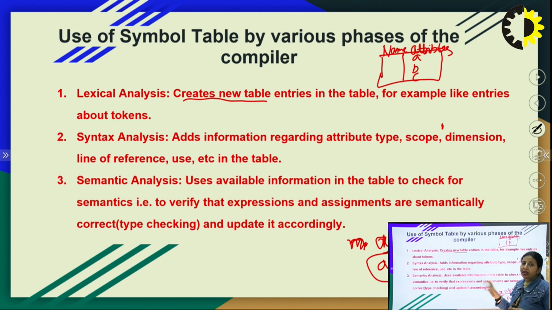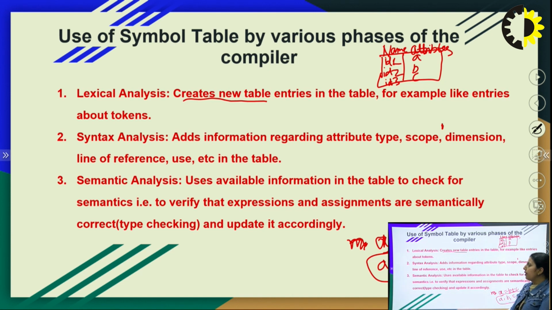It is of the identifier type: identifier 1, identifier 2, identifier 3. In the same way, the table is created for equals and plus also. So this is how the lexical analysis phase creates the symbol table.